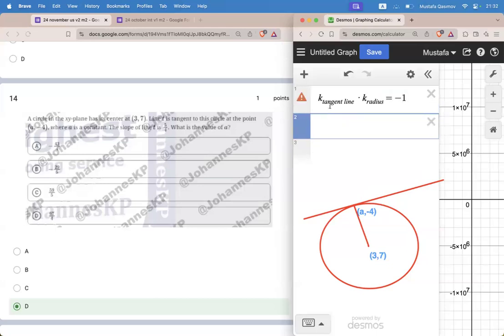We can find slope of radius using these 2 points. It will be like this, 7 minus -4 over 3 minus 8. And it says that slope of tangent line is equal to 5 over 4. So let's write it here. So it will be equal to -1.